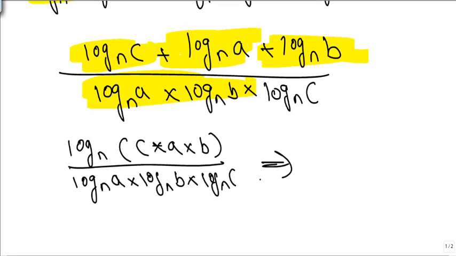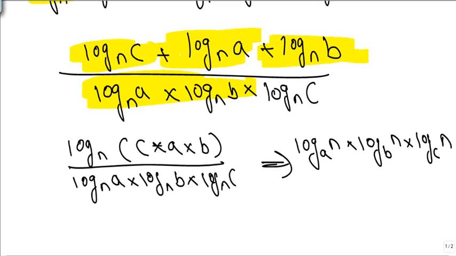So now again, if we make it inverse, this is nothing but a into b into c. If I make it inverse, the same property again, inverse: log to the base b n, log to the base c n upon nothing but log to the base abc n.